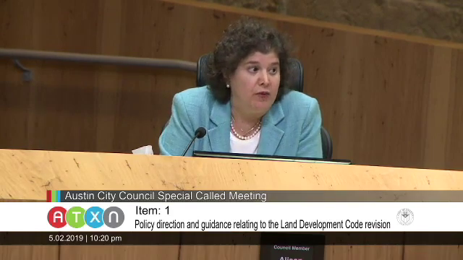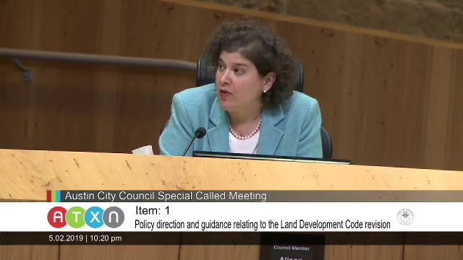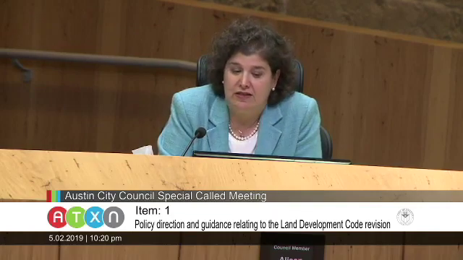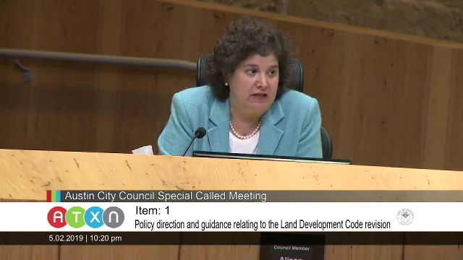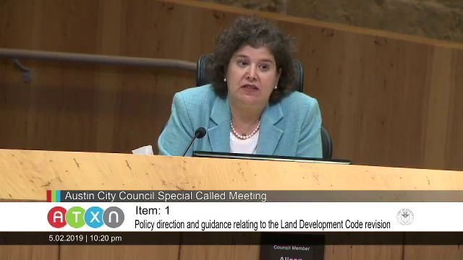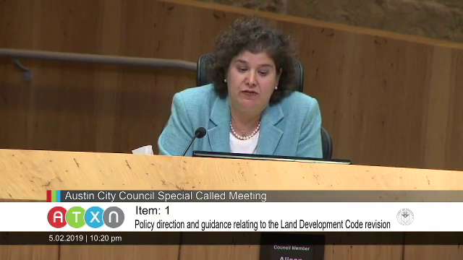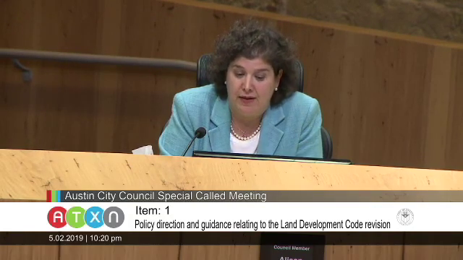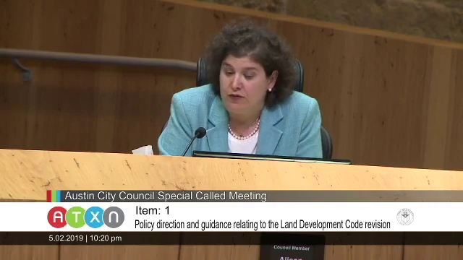I'm going to hope for the best when this product returns to us in October. And if we see that that product produces significant community benefits for the most vulnerable Austinites, then I will perhaps be able to support these reforms.